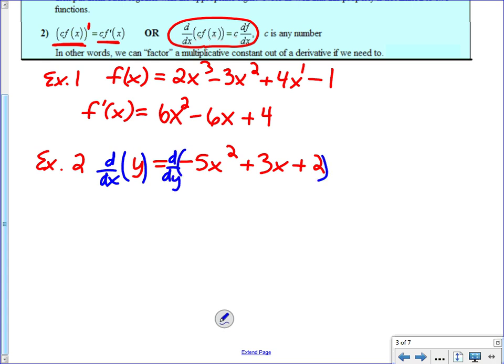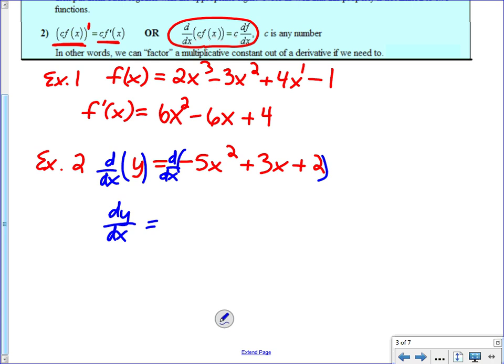Okay, so then that means, whoops, there should be an x. Sorry. And let me erase that. There we go. Okay, so on the left side, this just becomes dy over dx, which means we're finding the derivative of y with respect to x equals.